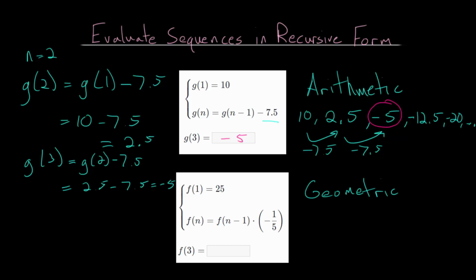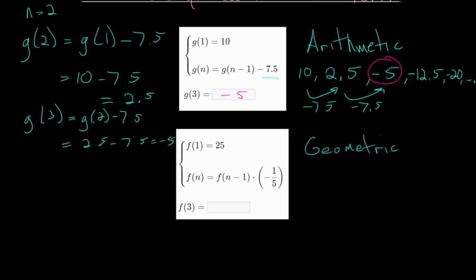The geometric sequence is going to work similarly. We're given the first term, and to find the second term, we'll just set n equals 2 in our formula. So f of 2 would be f of 2 minus 1, which is f of 1.